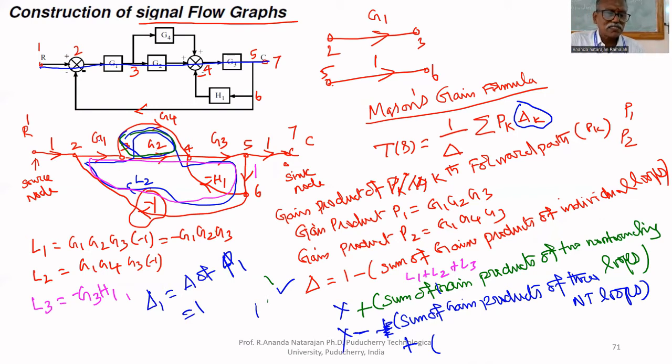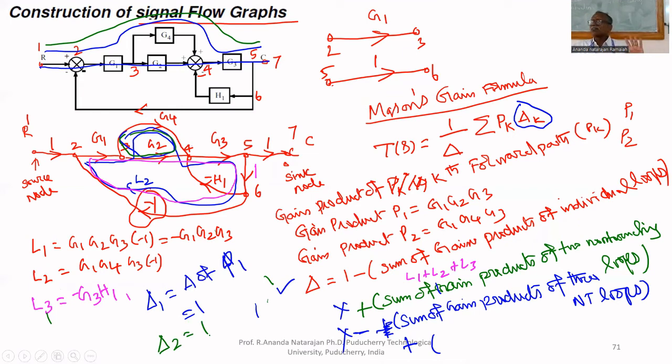Now the second forward path is this one. In the second forward path, is there any loop not touching it? No. Therefore, delta 2 also equals 1.